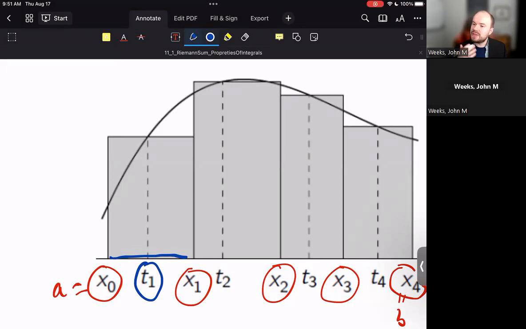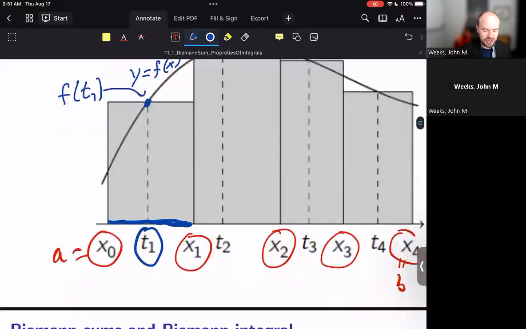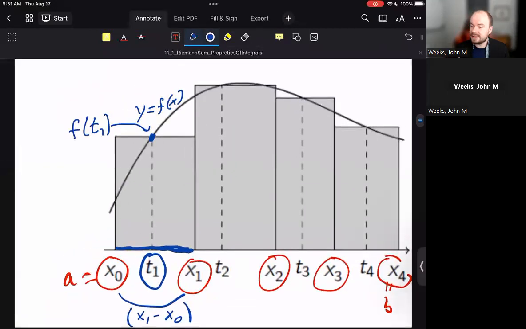I'm going to dictate the height of my rectangle, with length going from x0 to x1, in the following way: I make the height of this rectangle equal to the function height at that point. So if this is y equals f of x right here, then this point is f of t1. The height of this rectangle is f of t1, and the width is the distance between these two points, x1 minus x0. So the area of this rectangle is height times width, which is f of t1 times x1 minus x0.